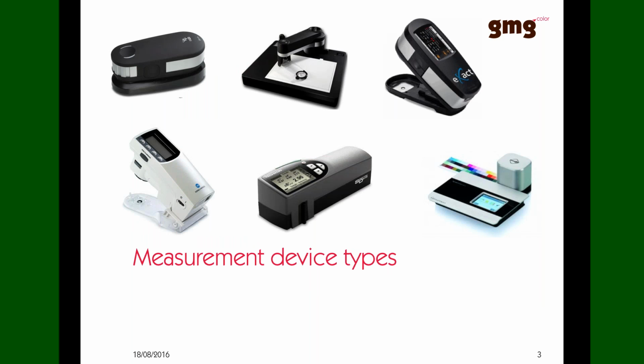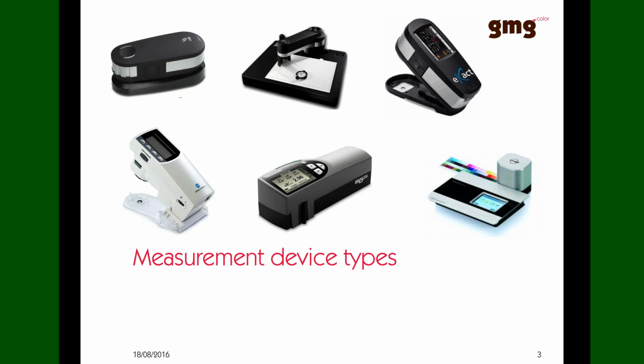The agenda for today would be, first I want to talk about measurement device types, about measurement device vendors. So I selected just a few measurement device vendors, and we are going to see their devices. Then we will talk about some general color measurement stuff, so the ISO norm, for example, that describes the general color measurement information.